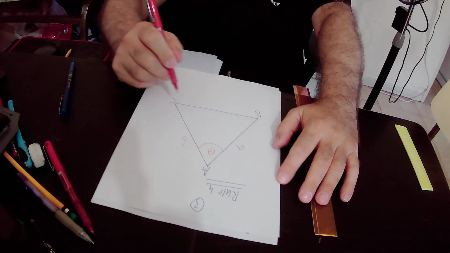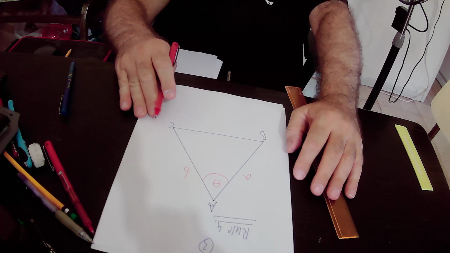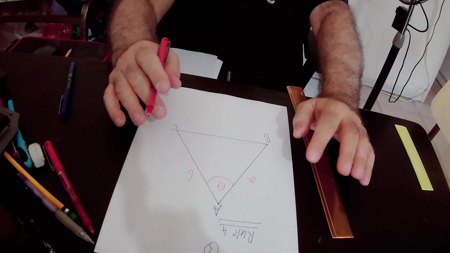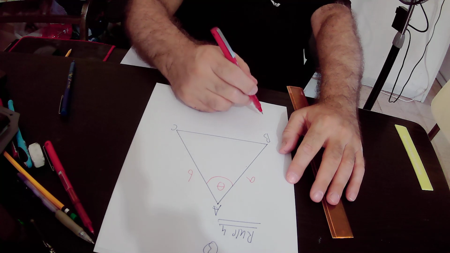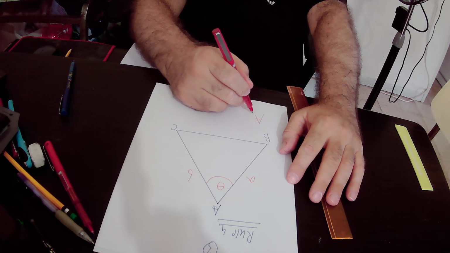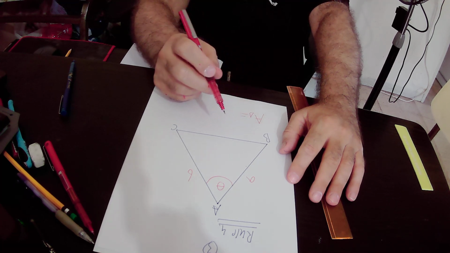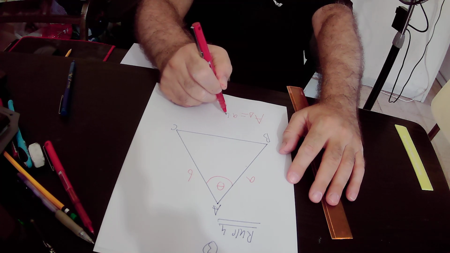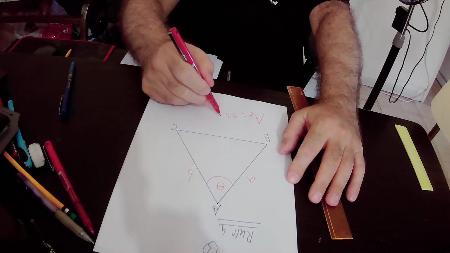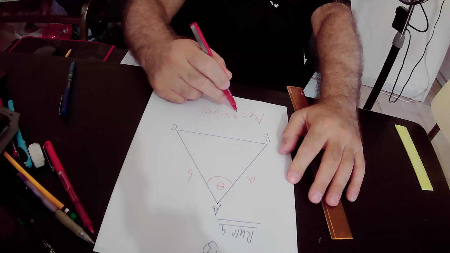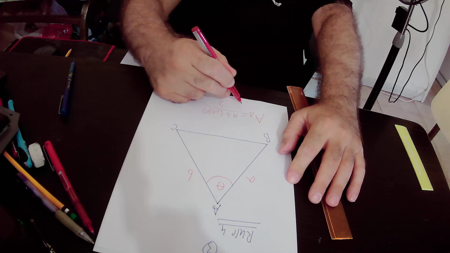Then, according to rule number 4, the area of this triangle ABC, that can be any triangle, A is an abbreviation for area, the area of this triangle will be equal to A times B times sine theta over 2. Okay?